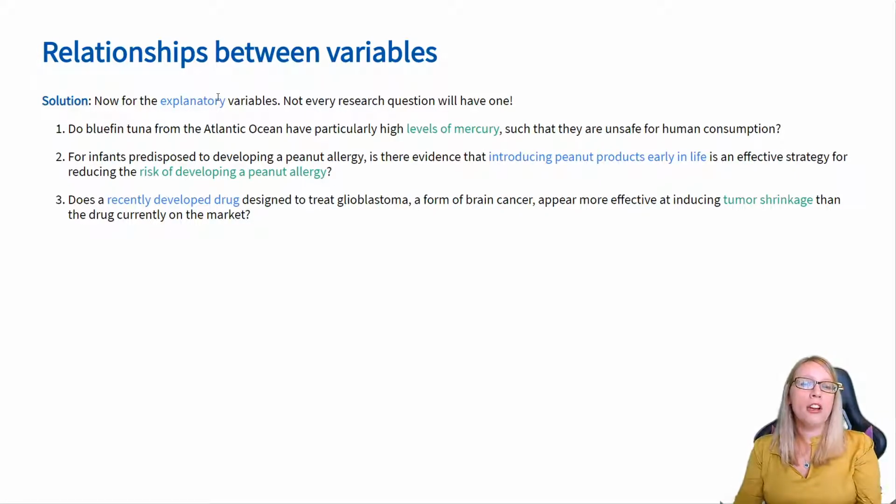For scenario 1, there actually really isn't an explanatory variable. We are measuring those mercury levels, but we're not looking at any maybe cause of those mercury levels, something that could explain that. So we don't necessarily need to have an explanatory variable in this situation. Question 2, the peanut study.